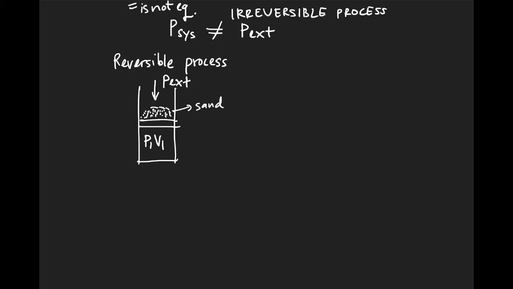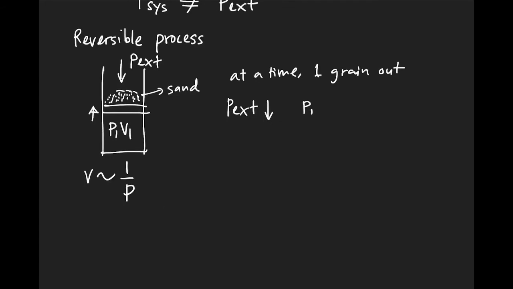Now you can imagine when you take out one grain at a time, the total external pressure, or the pressure of the surroundings, will decrease just a little bit. In this case, the volume will go up also a little bit, and we know that volume is reciprocal to the pressure. So when the volume expands, the pressure will go down also a little bit.